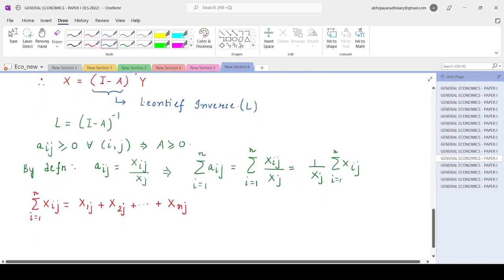How do you interpret this? For example, x1j is units of industry 1's output going into production of industry j's output.